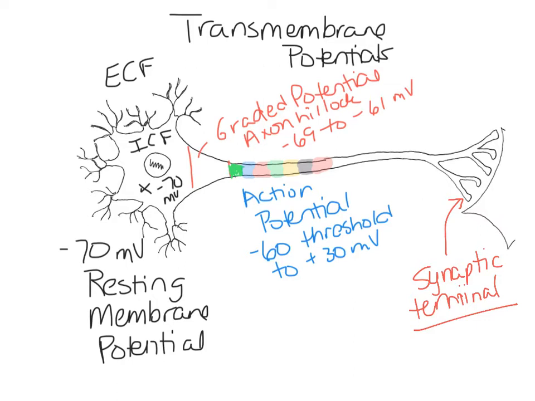So there's a lot going on right there. And first of all, we have to look at that resting membrane potential. How do we even get to negative 70 millivolts? What is causing the inside of the cell to be more negative than the outside of the cell?